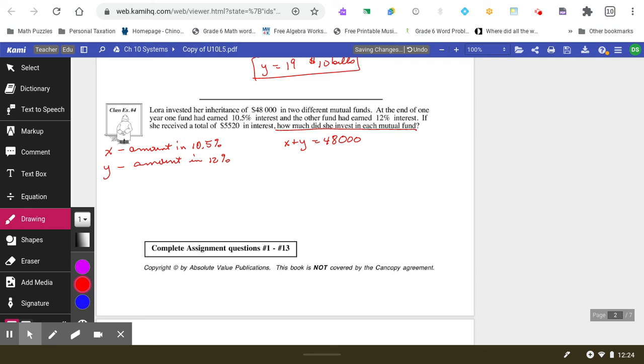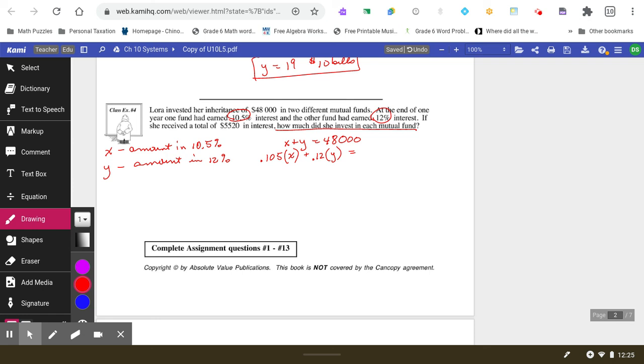Now let's talk about the interest. When you earn interest, you have to take that percentage and times it by the amount you put in there. So in this case, I'm going to take that percent, which turns out to be 0.105, and multiply it by the amount of money that I put in that fund. I'm going to add that to the other interest I earned, which was the percentage times the amount of money I put in that fund.